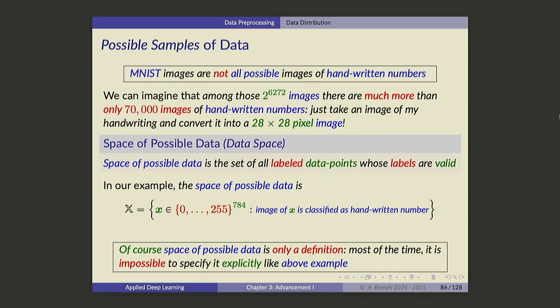As you say, maybe this image is classified as a handwritten digit by some people and not by others, right? So you cannot really talk about it. It's not a kind of binary logic, yes or no, right? It's a kind of fuzzy logic, because some images might be a handwritten 3, right? So you cannot really define it. This is why we go for data distribution.